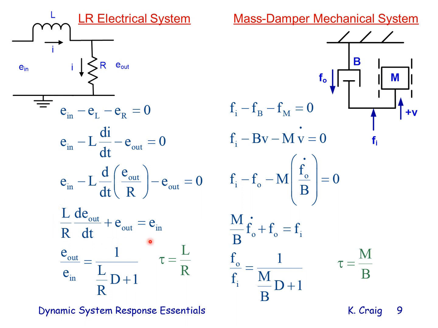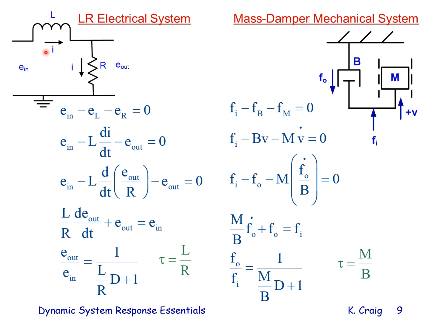This then, reorganizing, becomes this equation, which is my first order ordinary differential equation with constant coefficients. We define L over R as the time constant. Using the differential operator, I get my transfer function.